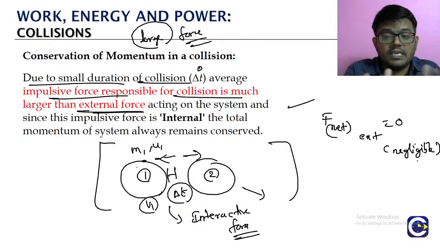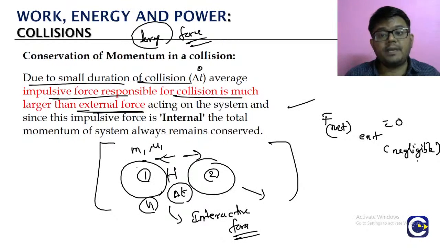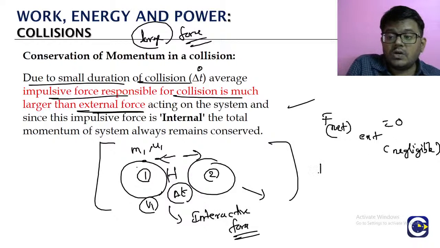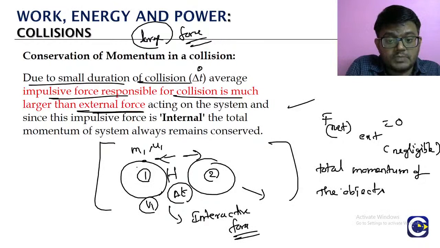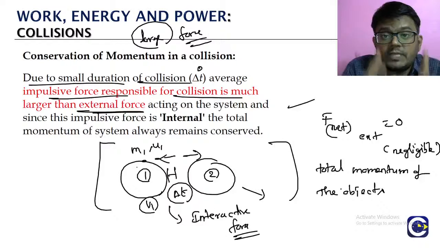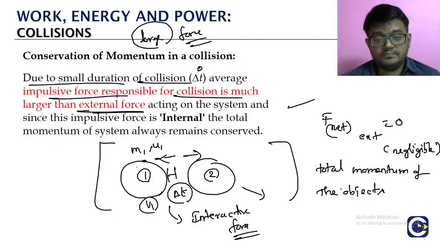If the net external force acting on that system of objects is 0, the total momentum of the objects remains the same. We have to include all the objects. Let's say two objects are undergoing collision. Total momentum means the momentum of object 1 plus the momentum of object 2.